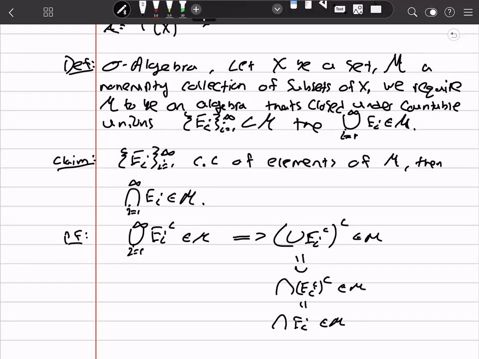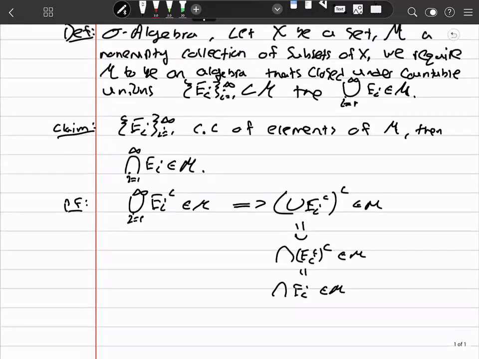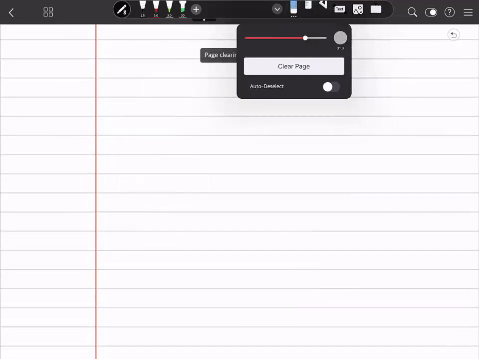But with that being said, we do have some control over our sigma algebra, and that's going to be in the following proposition. So this proposition is important. If X is a set, and let's say we have a collection of sigma algebras, we'll call them M sub alpha, since we're not going to be indexing these by i.